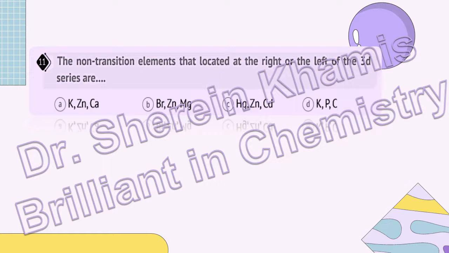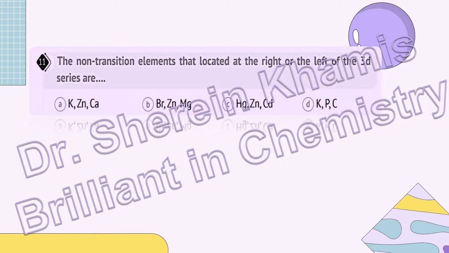We have K, Zn, and Ca. Here we have one that does not belong to the representative elements, Zn. Also here we have Br, Zn, and Mg. We have also Zn, not a representative element.